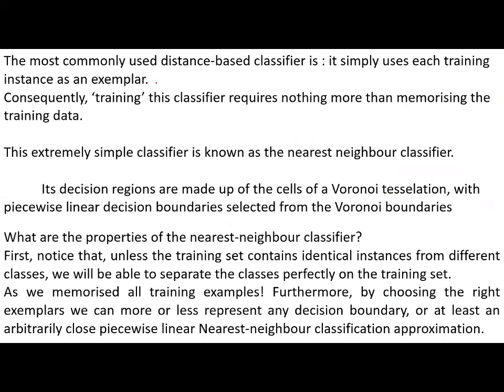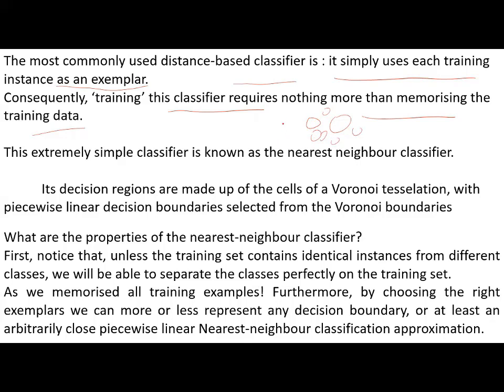Now, the most commonly used distance-based classifier simply uses each training instance as an exemplar. Consequently, training the classifier requires nothing more than memorizing the training data. See, this is our training data. Training data has been saved.